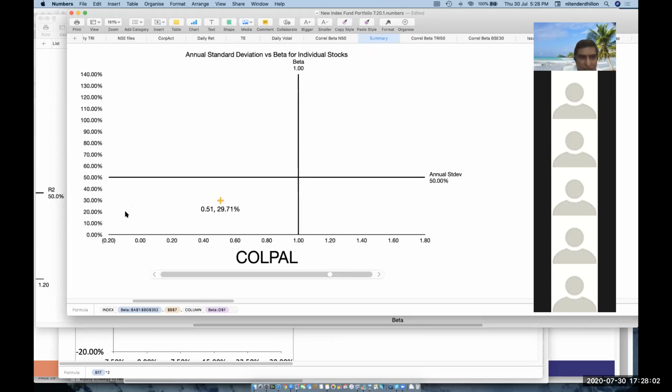Let's look at the variance later, but let's just focus only on the x value here. Colgate 0.51, Dabur, Emami, Godrej, Jubilant Foods, borderline, Marico, PGHH, Tata Consumer, UBL, McDowell, and VBL. And the Nifty FMCG index is up here.